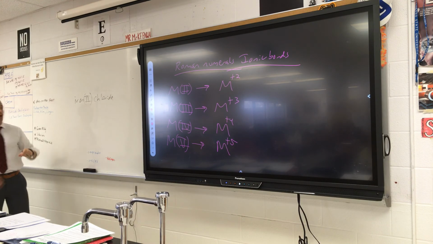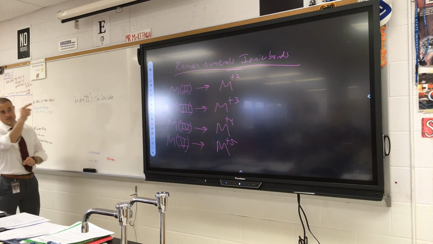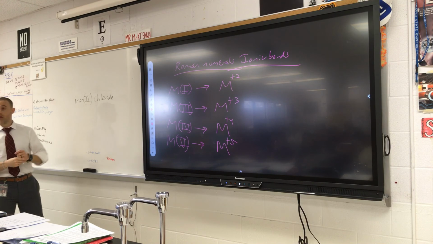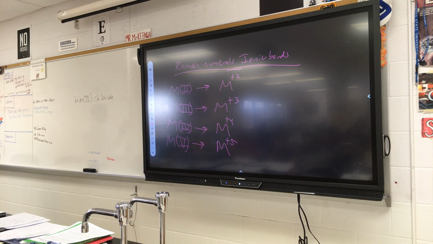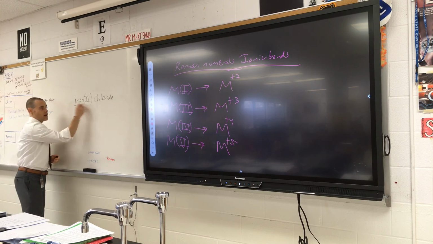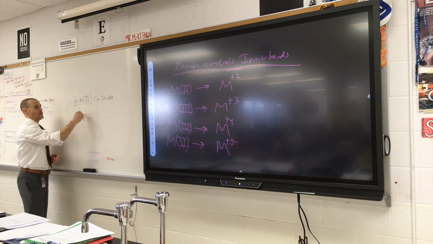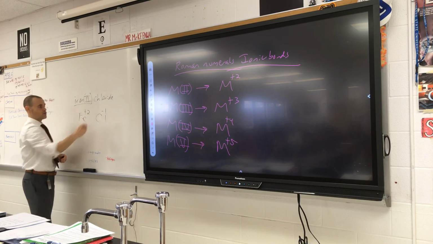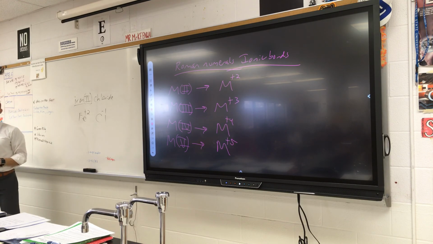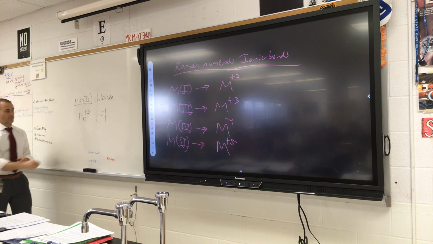Now you know what charge is on the iron because I just told you how to figure it out. You look up the charge on Cl just like we've been doing, and then you put it together to get the formula. So, I'll do this one with you. If this iron 2 means Fe is plus 2, and we look up Cl, and it's minus 1, raise your hand and tell me what is the formula.